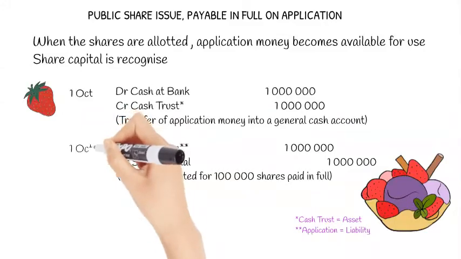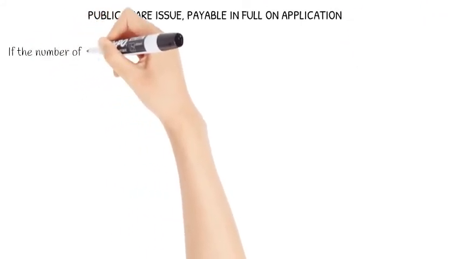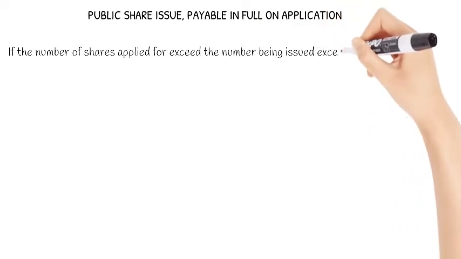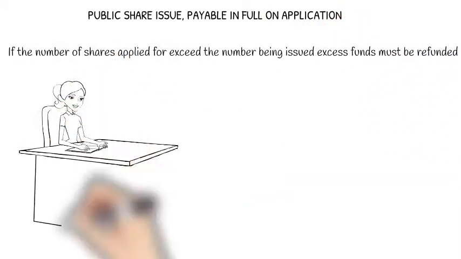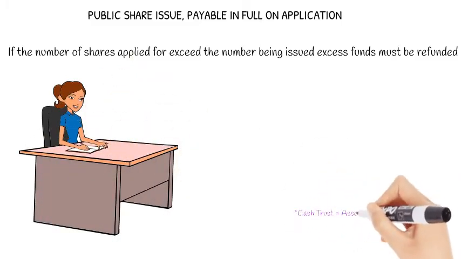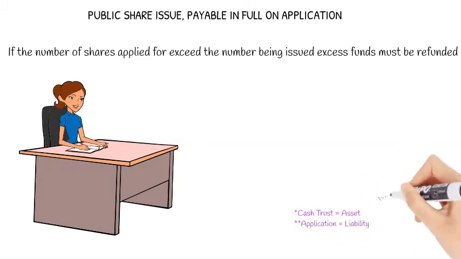It is common for a company to receive more share applications than the number of shares that are called for. For example, if the company calls for 150,000 shares, but 180,000 applications were received. When that's the case, excess application money must be refunded to unsuccessful applicants. To do so, we should debit application account.